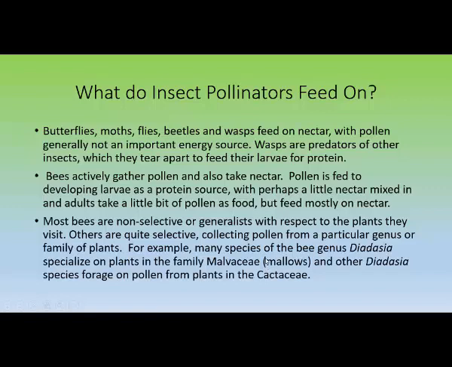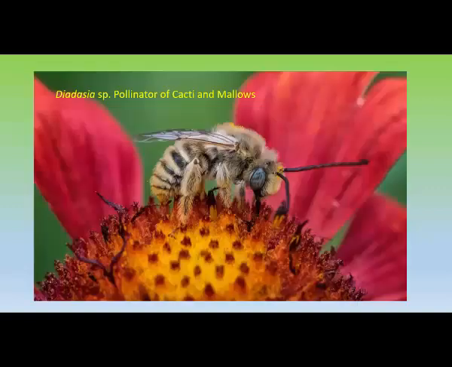The hibiscus is in that same family. And for example, in our area, we have the bee genus Diadasia, which feeds primarily on, or pollinates and gets its nectar primarily on the Malvaceae. And some of the same species, or this genus, will forage for pollen on the Cactaceae.